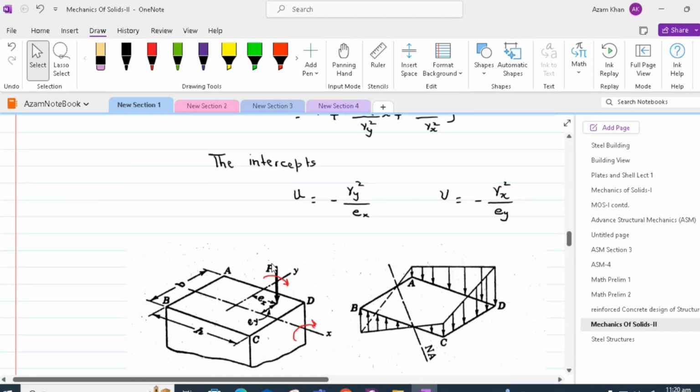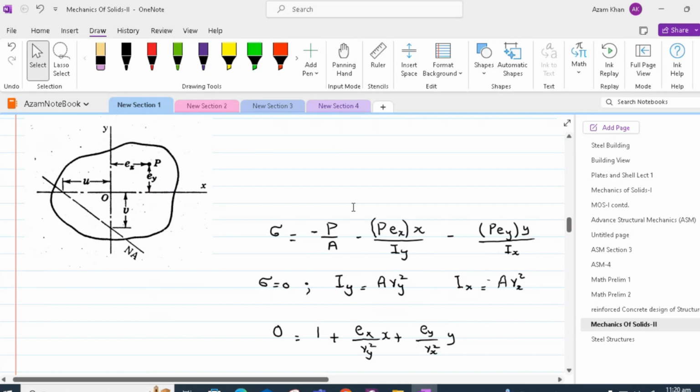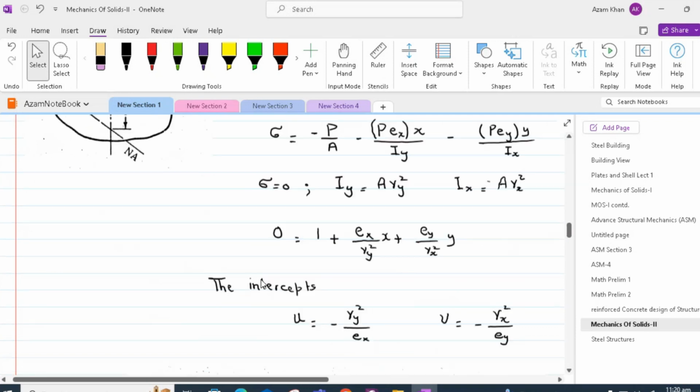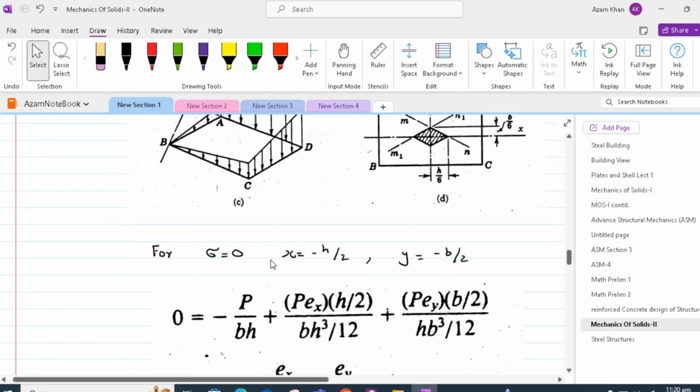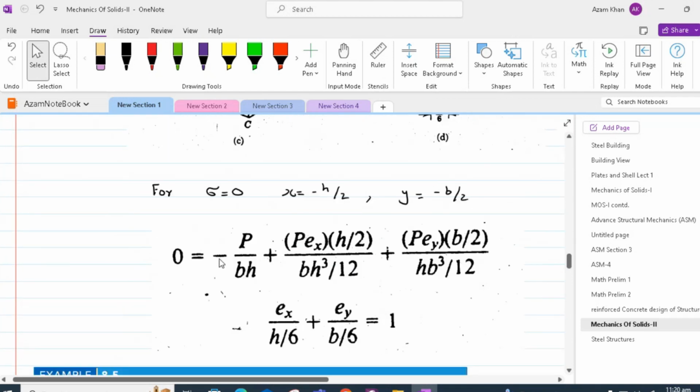C. So in this combined stress equation, if we put sigma equal to 0, x equal to minus h by 2 and y equal to minus b by 2, we will get 0 equal to minus P by BH plus P times ex times h by 2 divided by b h cubed by 12 plus P ey times b by 2 divided by h b cubed by 12.